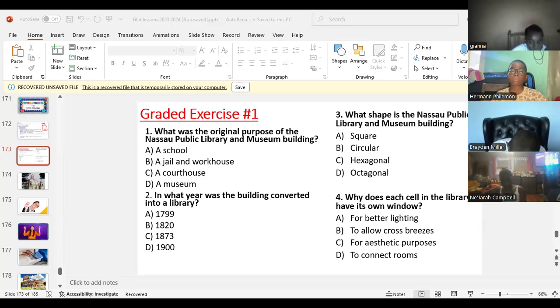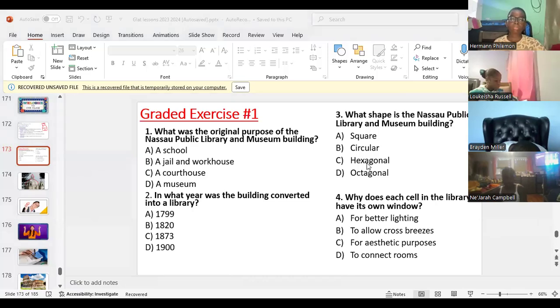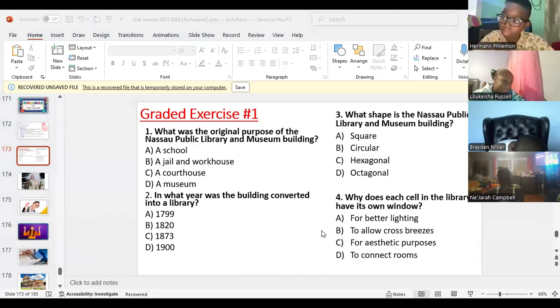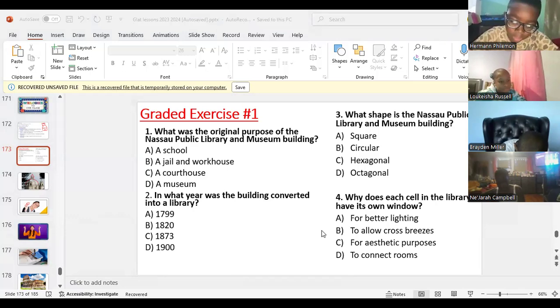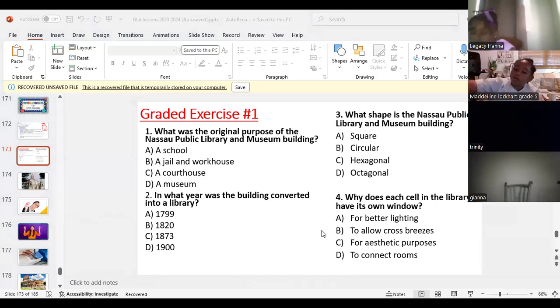Lincoln, what number you on? Number 7, okay. And Tajani, what number you on? I'm on number 7, the last one as well. Madeline, what number you on? I'm finished. You finished number 7 as well?